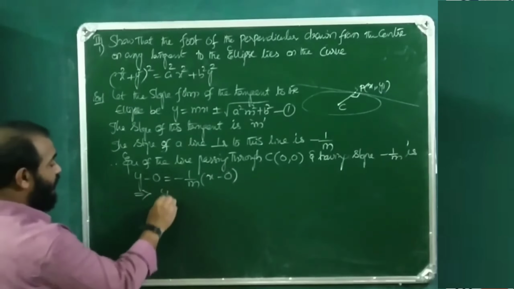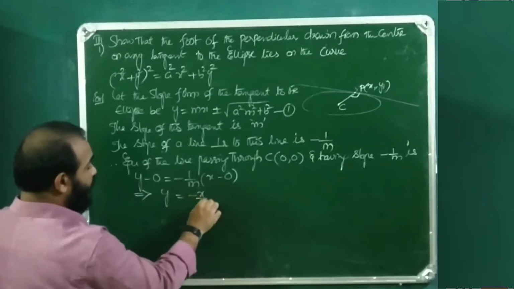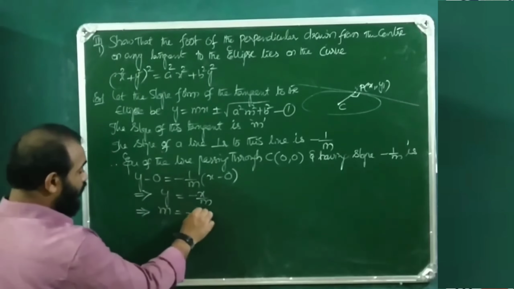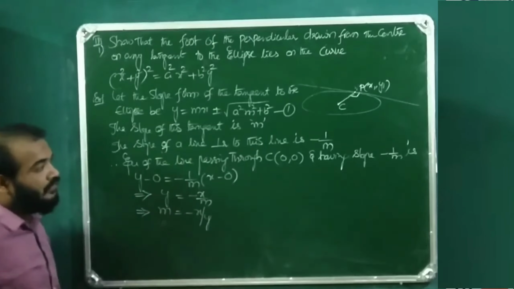So this is y equals minus x by m. From this, m equals minus x by y.